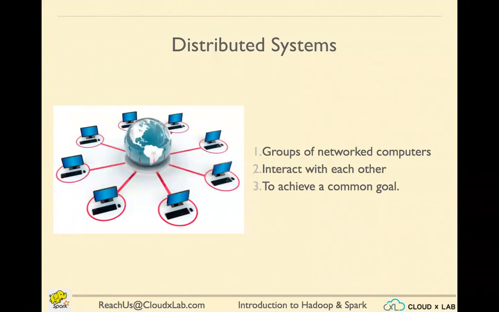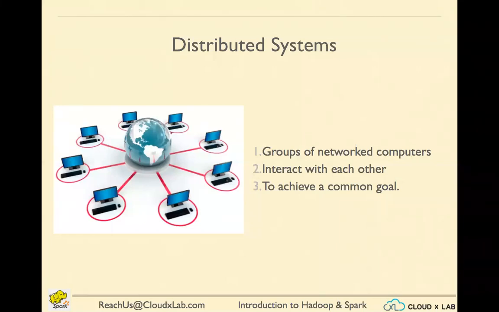Now, distributed systems have been one of the reasons why we are able to do large scale computing. Distributed systems are the reason why we have such scalable services from Amazon, from Google, from Twitter, and so many others.